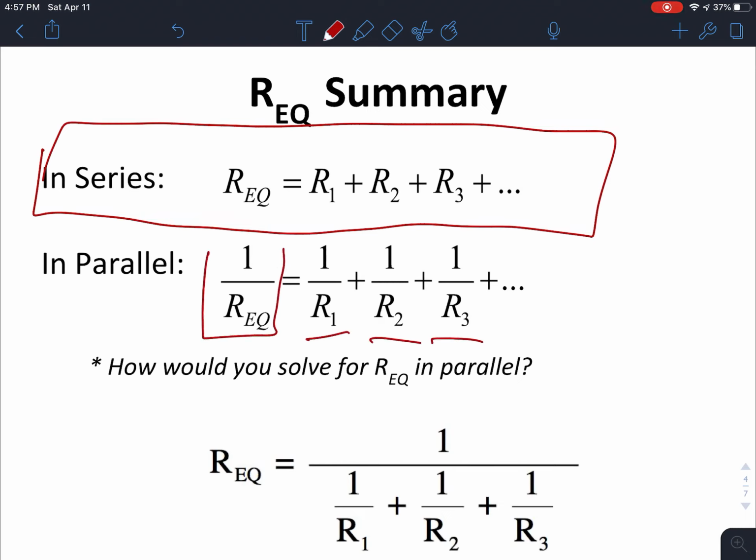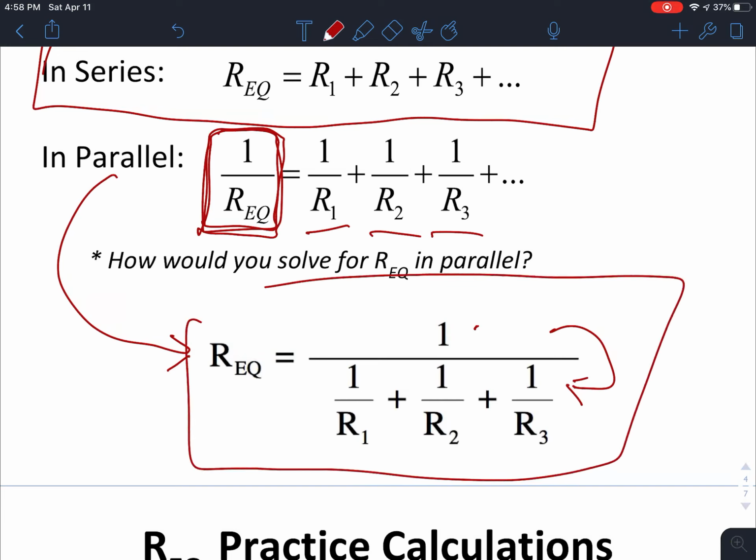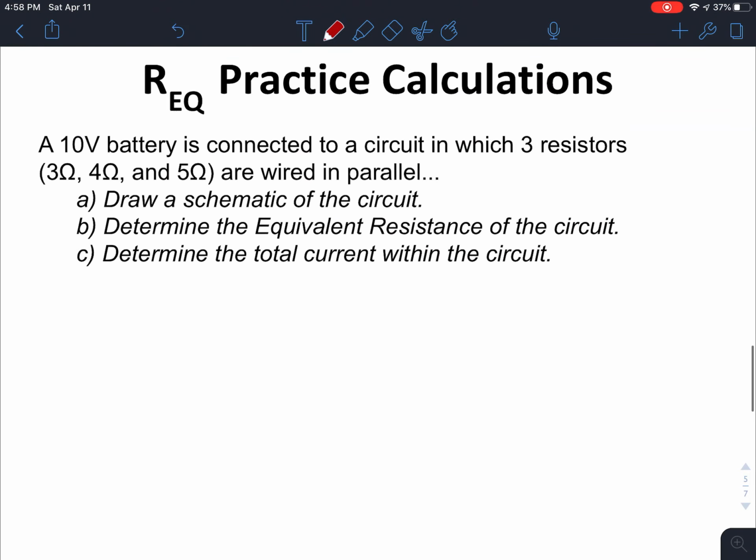But if you notice, that actually solves for the inverse of the equivalent resistance. So to find the actual equivalent resistance, you need to do the reciprocal of the sum of the reciprocals, okay? So mathematically, that can be a little more challenging, but with your calculator, it's actually not too bad at all. So we're going to walk through this.